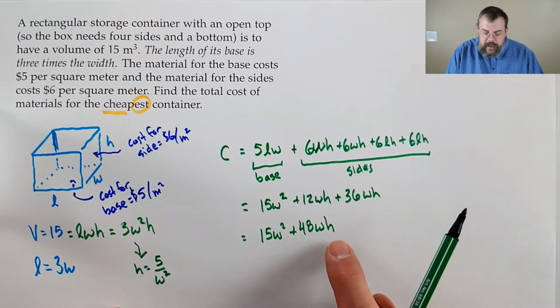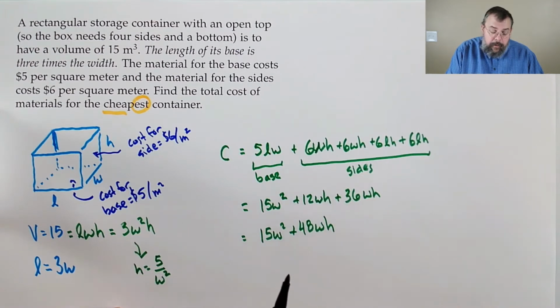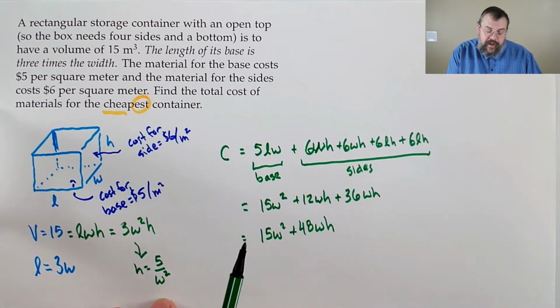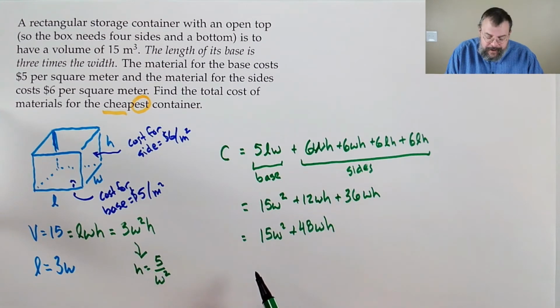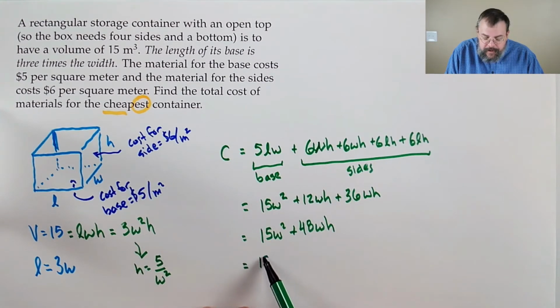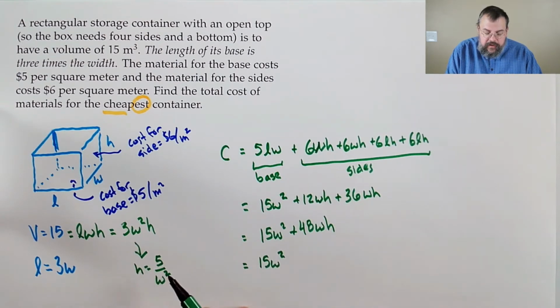Okay, well, let's replace the h here. Now, we could have been a little bit savvy, and we could have actually solved for w times h and said, oh, that's 5 over w. But that would require foresight, which means we've done the problem before. But that seems like cheating if we've done it before. All right, anyways, back to our regularly scheduled problem. Okay, 48 times 5 is, that's right, 240. Good.